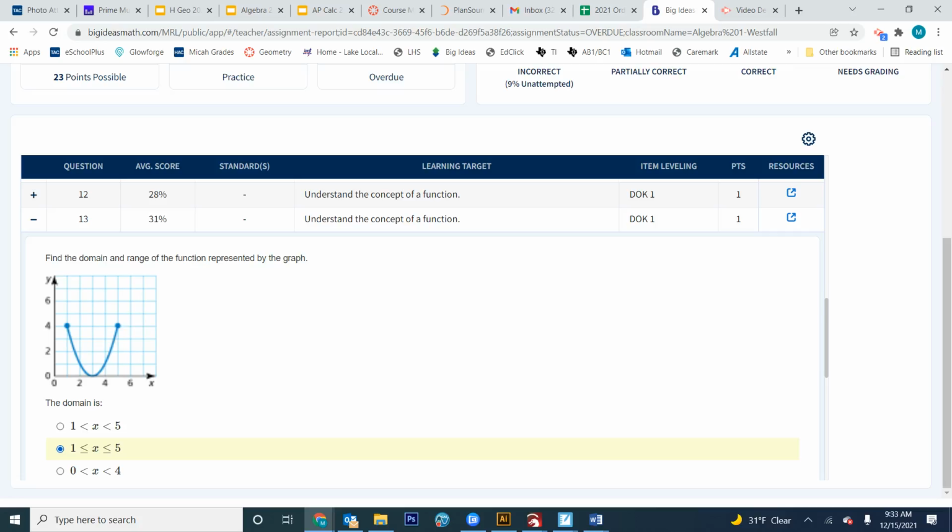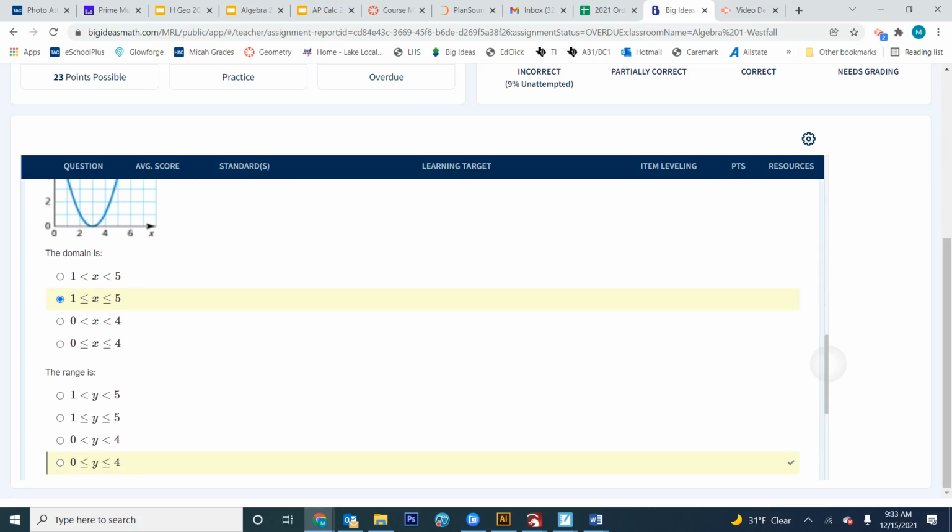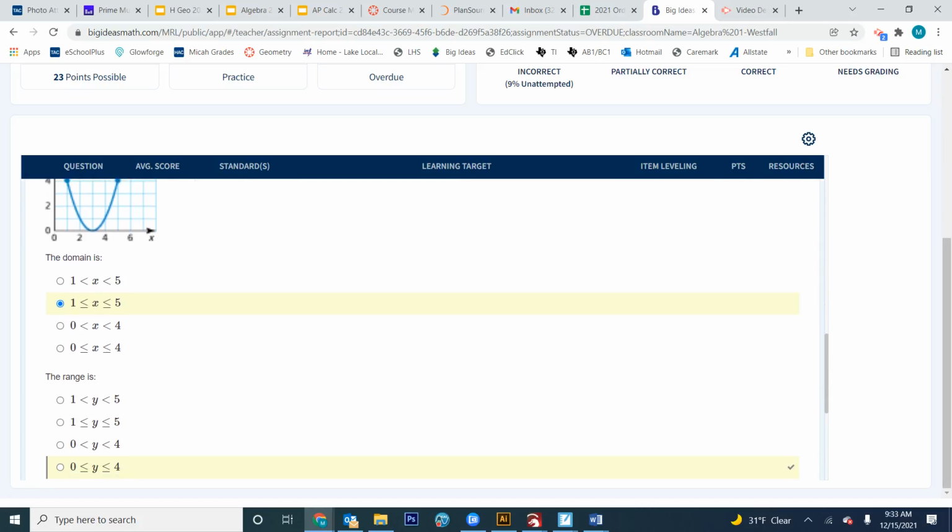Okay, so Liv, which one should I hit for my range? Which one do you like, Liv? 0 is less than or equal to y, and then y is less than or equal to 4. So this one? Yeah. Okay. Is everybody okay with that answer?